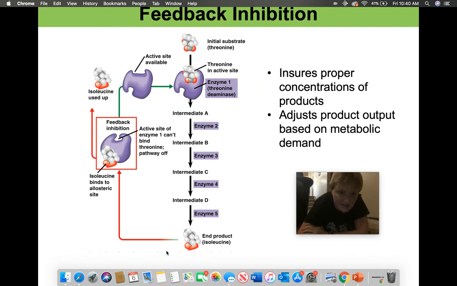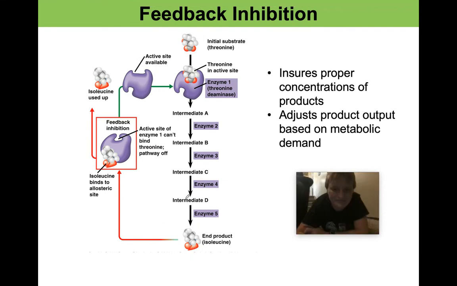So isoleucine can actually go back to this enzyme here, and it's a non-competitive inhibitor. It binds to the allosteric site, and it blocks it and turns this enzyme off. Now, if we start running out of isoleucine, eventually we'll use this isoleucine up, and we'll turn that enzyme back on, and we can go back to making more isoleucine. So we adjust the output based on the demand, which is so cool.